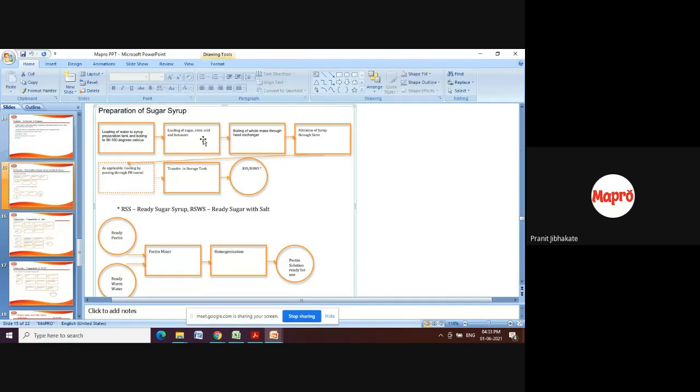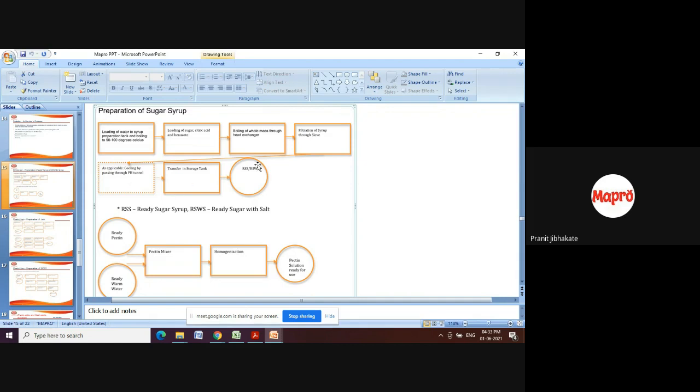Okay, so we are doing inversion here in sugar syrup, then boiling the whole mass through a heat exchanger. Here it is written head exchanger, but it is heat exchanger. Okay, then filtration through CU. Filtration is required because there are many impurities in sugar, so filtration is required at industrial level. Then, if applicable, passing through a PHE, meaning plate heat exchanger.